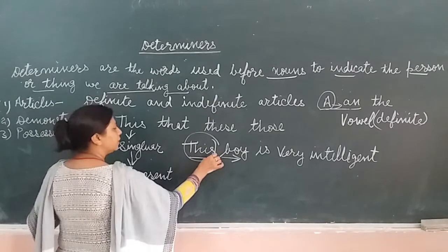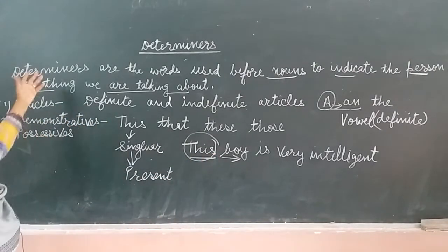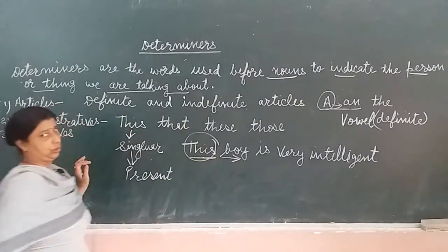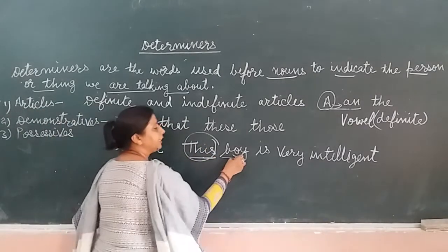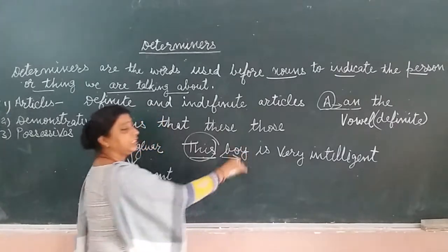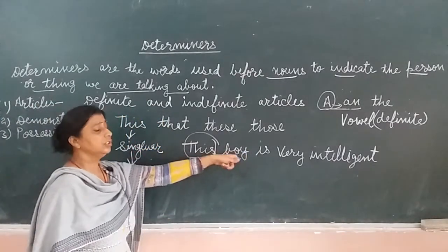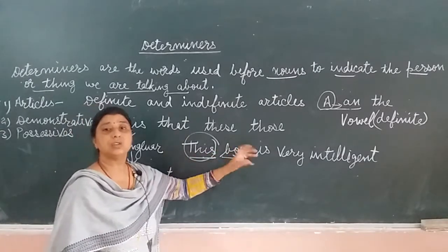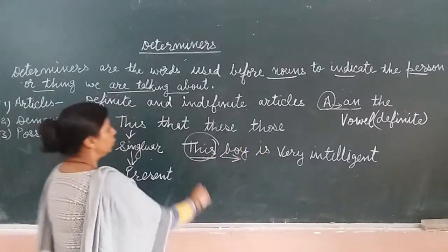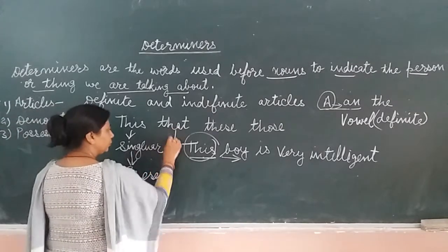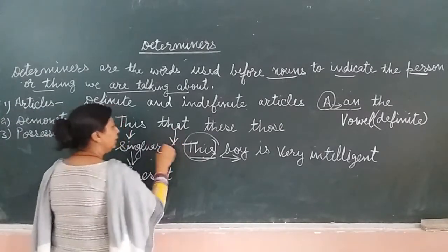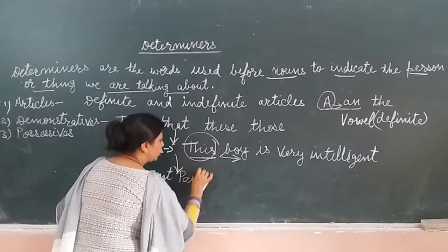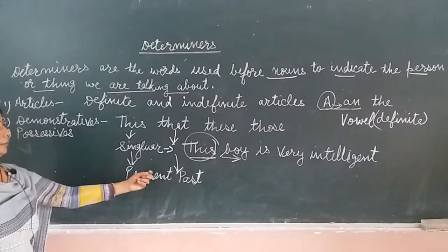So we may say in other words that determiners are words that can be used as adjectives also, telling the quality of the noun, emphasizing what noun we are talking about here. That is again single in unit, but it shows the past position of the person or thing.